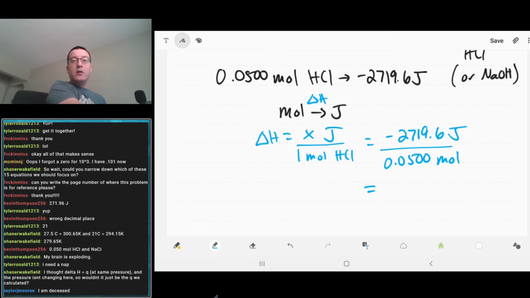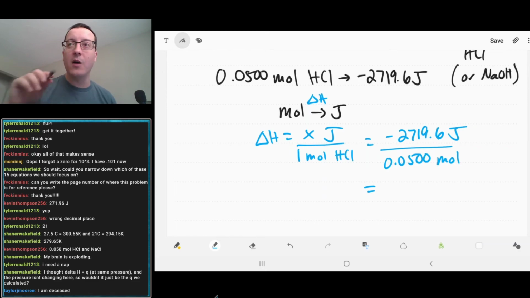Yeah. So, Shane, you are absolutely right. However, the delta H is usually given for the reaction in terms of its coefficients. So the delta H associated with 0.05 moles of HCl is equal to that many joules, for sure.